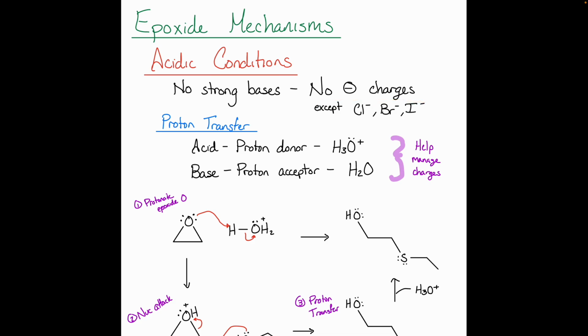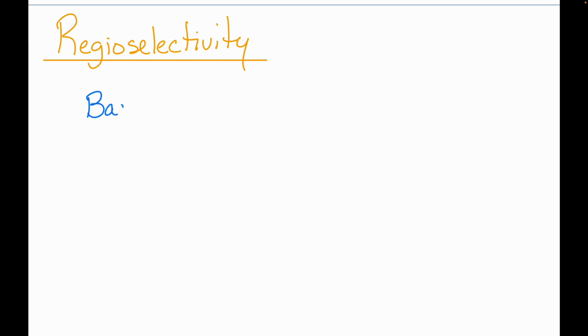All right, so thus far we've been looking at the very simplest epoxides. Let's look at some more complicated epoxides, and we're specifically going to be talking about the regioselectivity of these reactions. Again, we're going to divvy this up based on our two conditions.